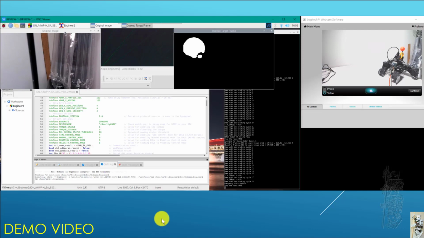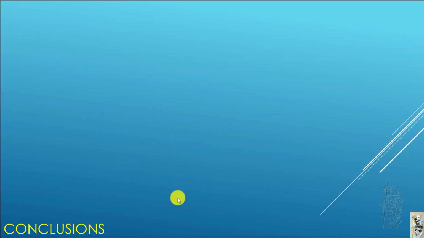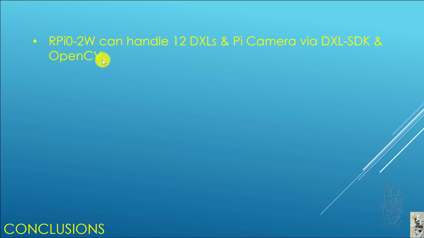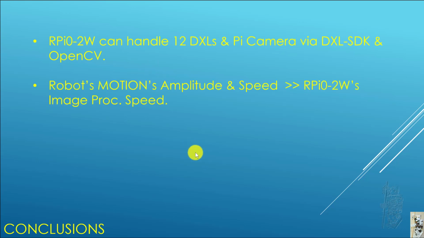So you can see, my conclusion so far is this. The RPi0-2W can handle 12 DXL and the Pi camera, using the DXL SDK and OpenCV, okay. Now in this particular project, the way I defined the robot motion, amplitude and speed are just mismatched, or too fast for the capability of the RPi0-2W to do image processing in OpenCV right now.